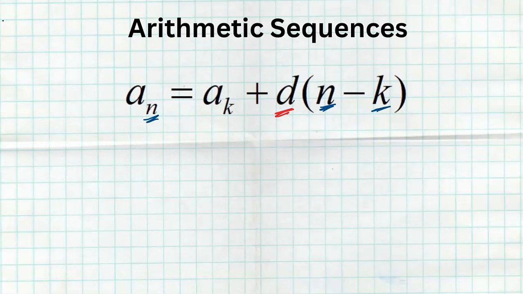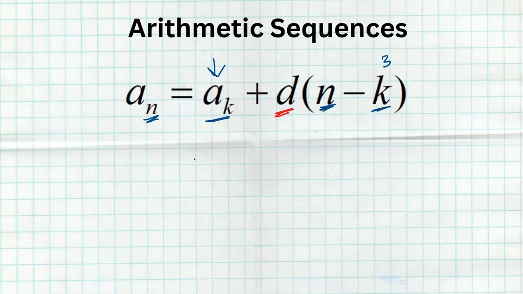Well, k is any term you want it to be, and a sub k is the value of that term. So if I know the 3rd term, then 3 goes there for k, and the value of the 3rd term goes right there. So in a problem, the common difference d should be known or given. Again, n is any term that you want to find.